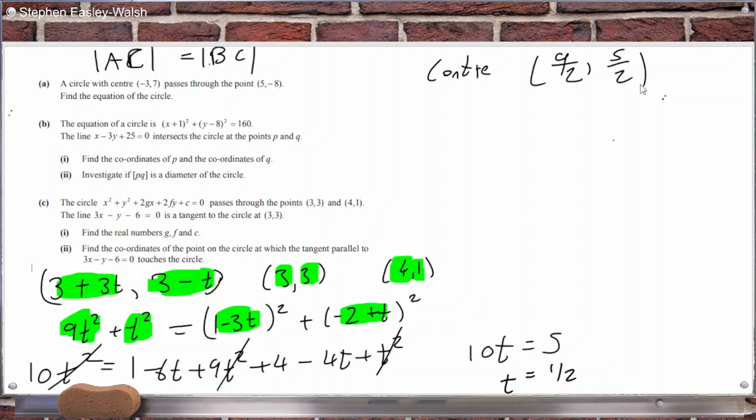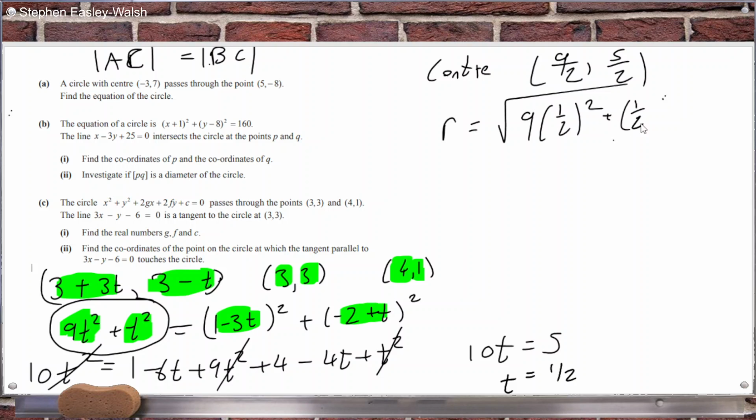And the radius I can work out by using one of the distance formulas, like this is the AC one. So the radius would be the square root of 9, and the t was a half squared plus a half squared. So let's see what that is. 9 over 4 plus 1 over 4, 5 over 2.